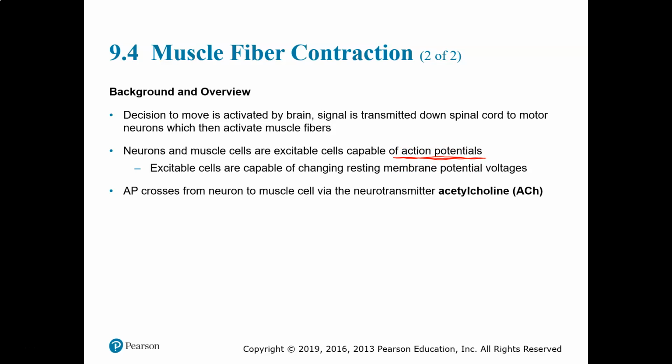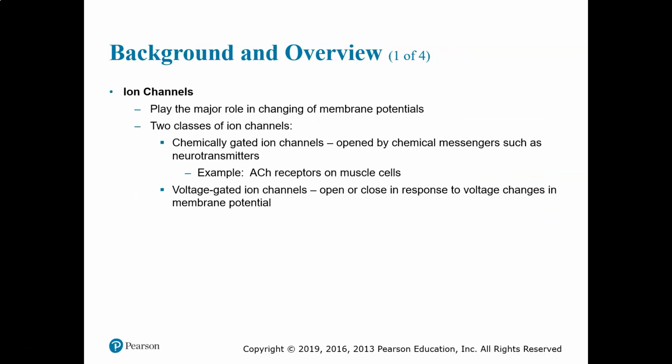And the action potential crosses from neuron to muscle cell through release of the neurotransmitter acetylcholine, or ACh. And this is going to lead into our nerve chapter as well. So there will be a little bit on neurons and neurotransmitters, because you can't really have a muscle contraction without a nerve impulse. So we have to learn both.